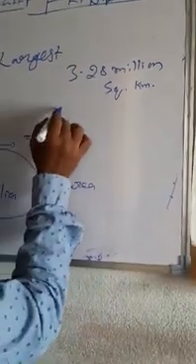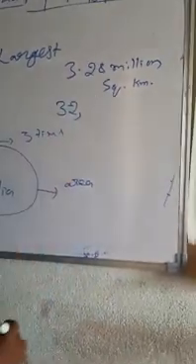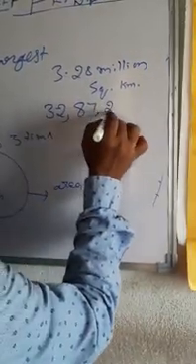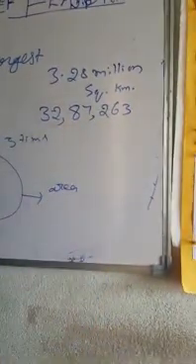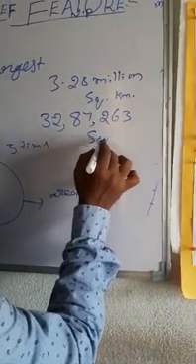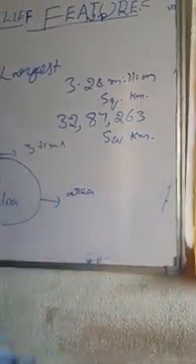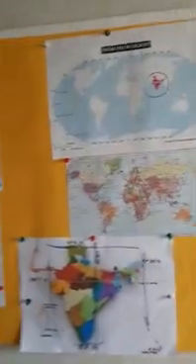It means 32 lakh 87,263 square kilometers. India also accounts for 2.4% of the area on the globe.